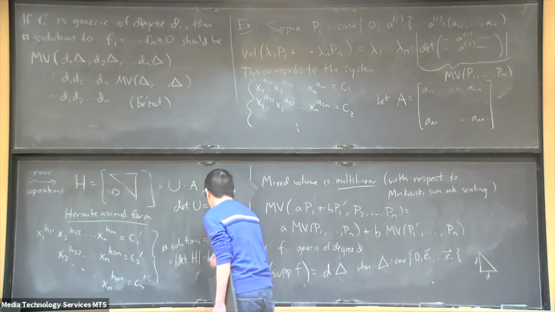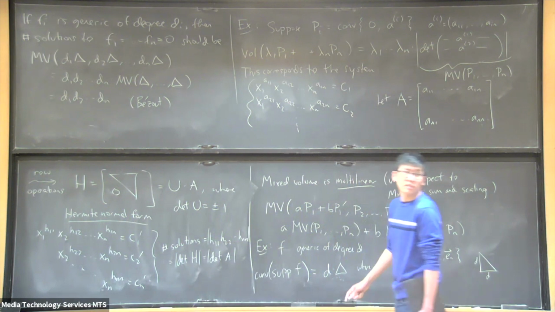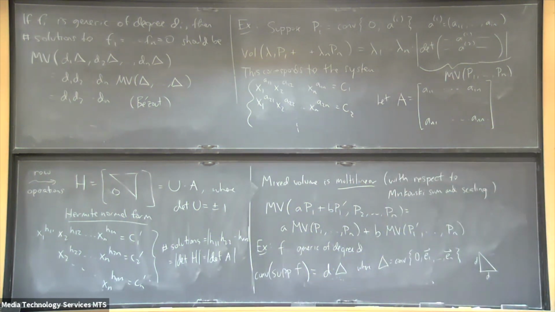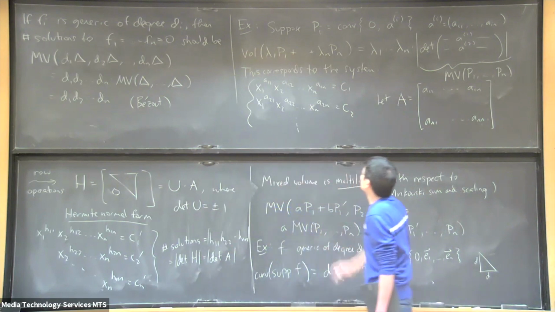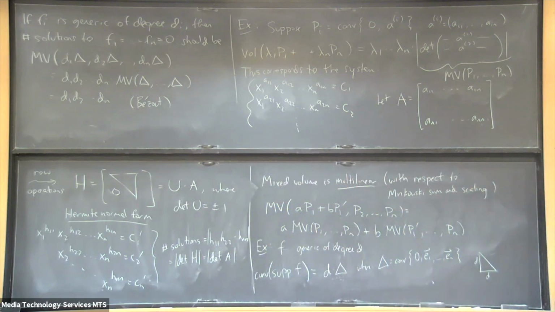And that's the same as the determinant of the original matrix A, which is what we wanted to show. Because each solution here gives us a solution to the original system, and we wanted to show that the number of solutions is equal to the mixed volume of these polytopes, which is equal to the determinant of this matrix. Okay.